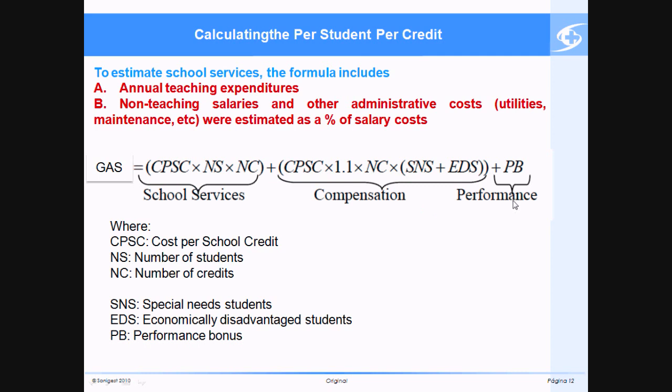We have not yet developed the parameters of this performance bonus, but certainly indicators that might be used to calculate the performance bonus would be performance of students on exams, repetition and dropout rates, efficiency in use of resources, student and or parent satisfaction. These are all parameters that can be used to calculate an index that could determine the performance bonus that any school might be given, all designed to encourage quality in the school.